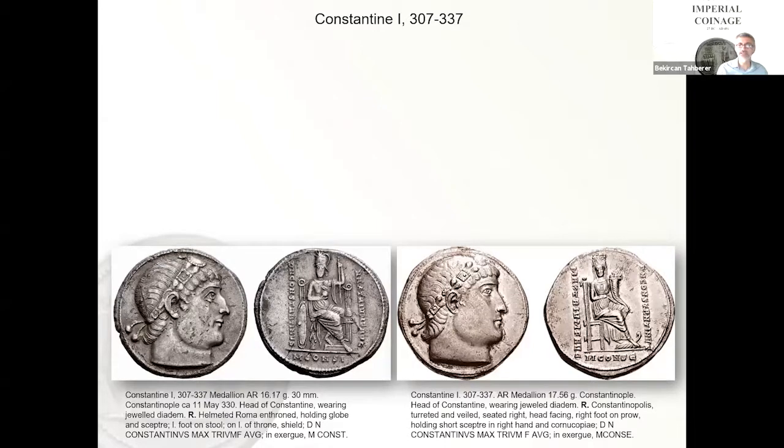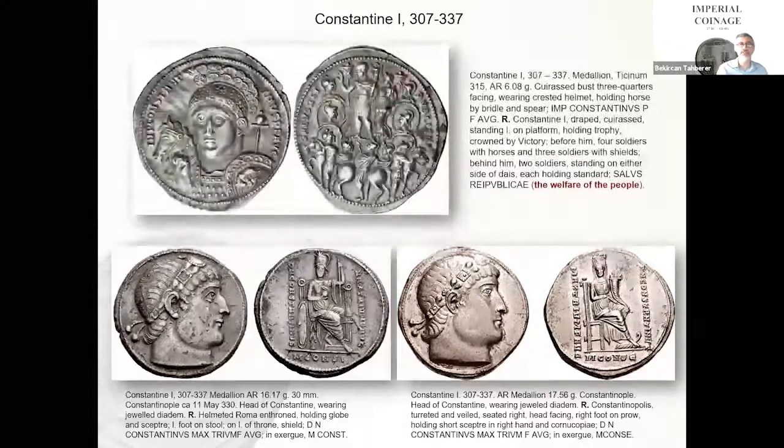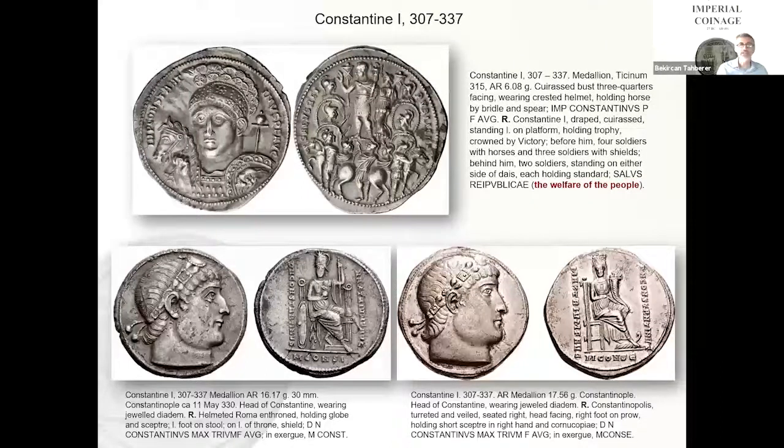The city goddess Tyche, or Tuke, was famous and depicted on coins of many provincial cities. And here, Constantinus used the same image to depict his new capital. But I guess this one is one of the most remarkable medallions of that period.